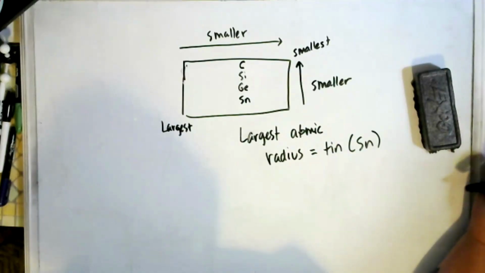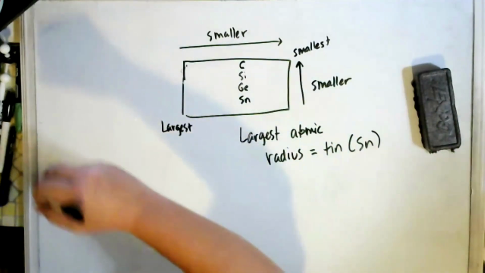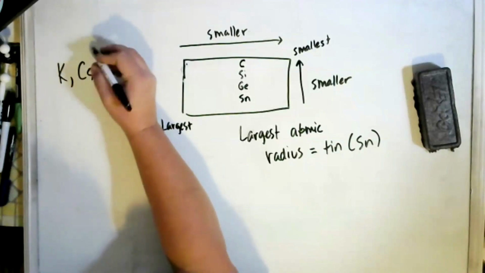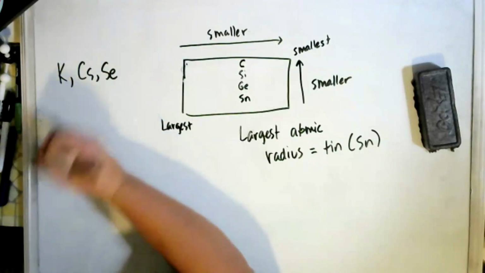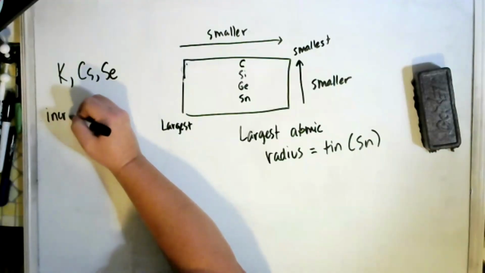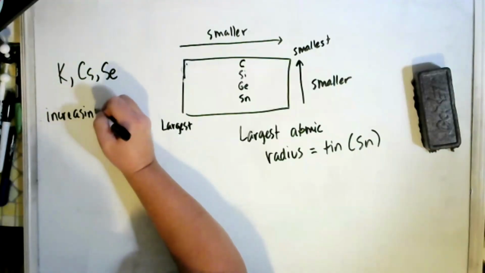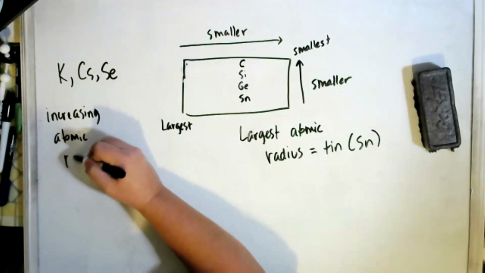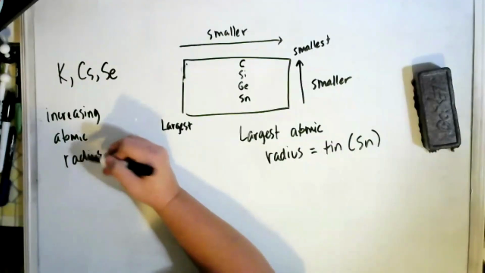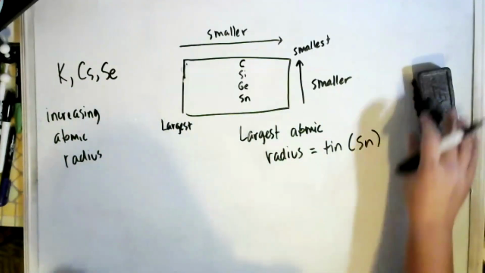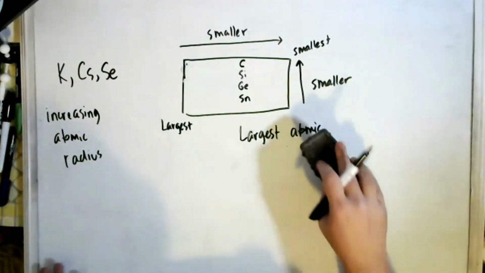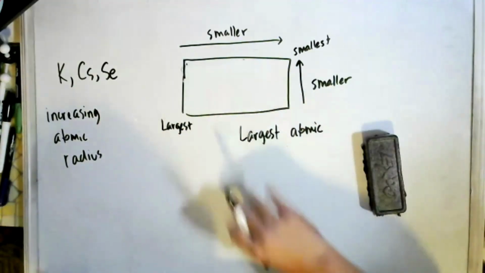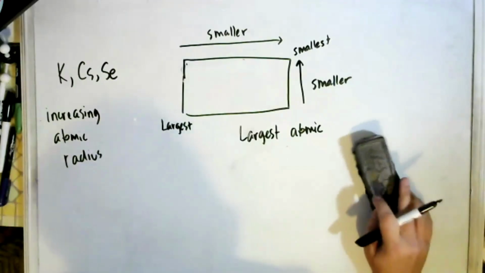All right, the next question asks us to arrange the elements K, Cs, and Se in order of increasing atomic radius. Again, I would stick to my little rectangle that's representing my periodic table.